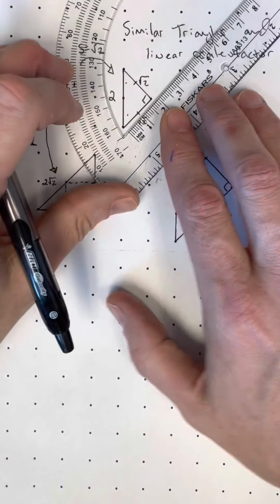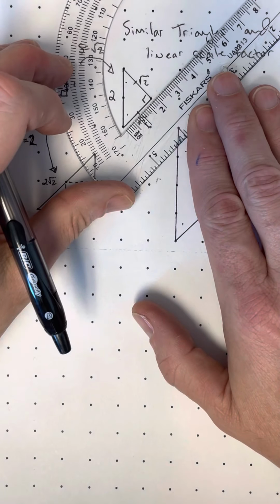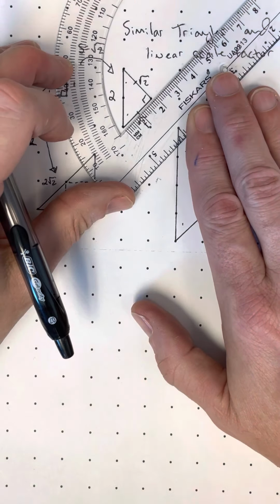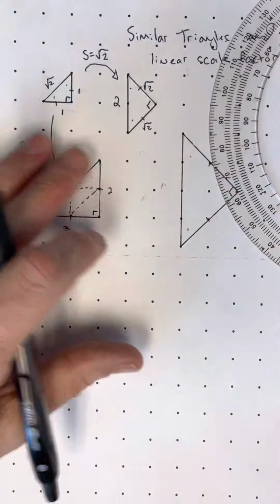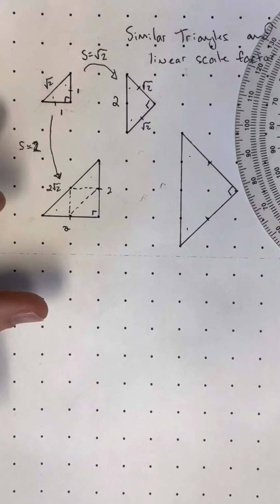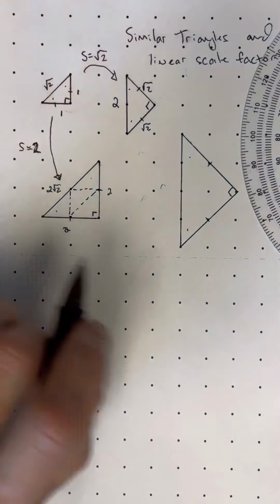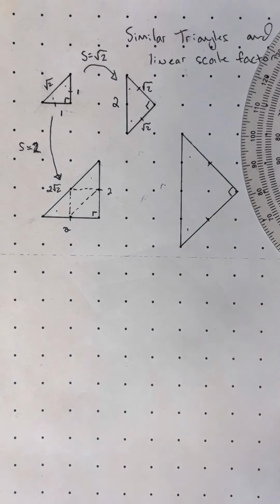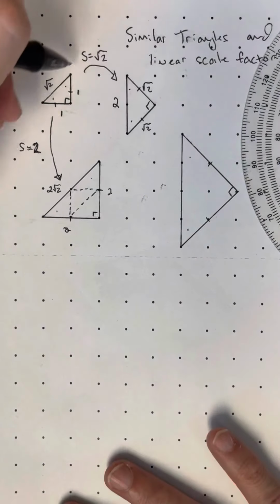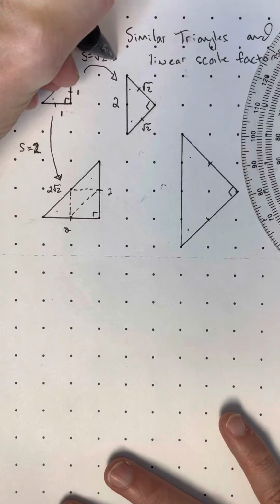And this is about, what, 18 millimeters? So if you did 18 divided by 13, it's about 1.4, something like that. Anyways, this is roughly 1.4.